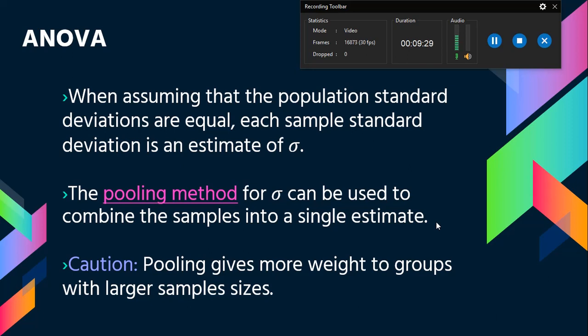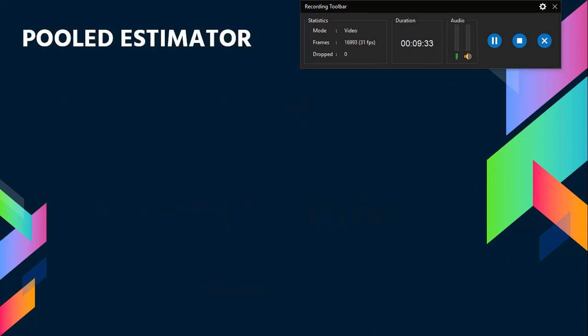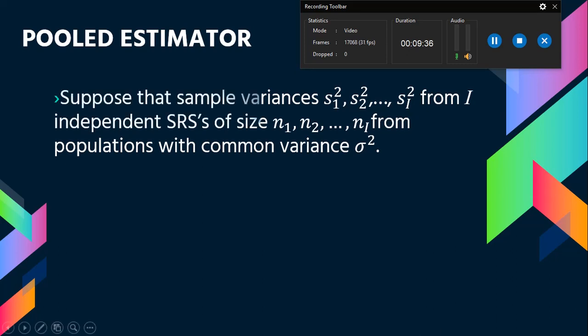So it does give more weight to the bigger groups. So in our problem, it's likely that we will be provided the sample variances from each of our populations, and they'll also tell us the sample size for each of those populations.